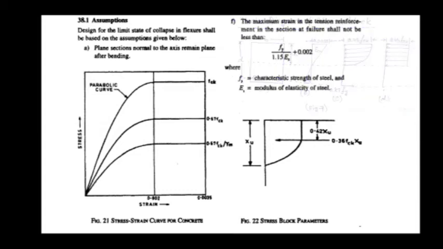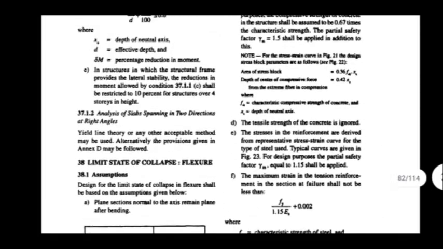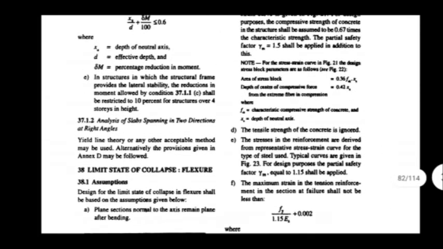Let's discuss the other assumptions. There is a note: the area of the stress block in figures 7c and 7d. You have already noticed that there are two stress blocks.